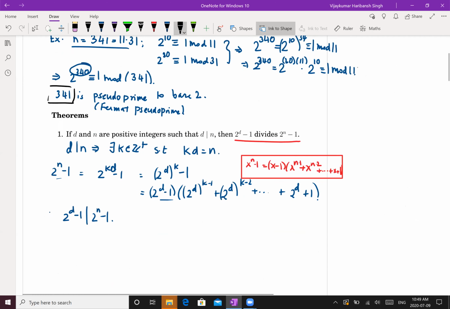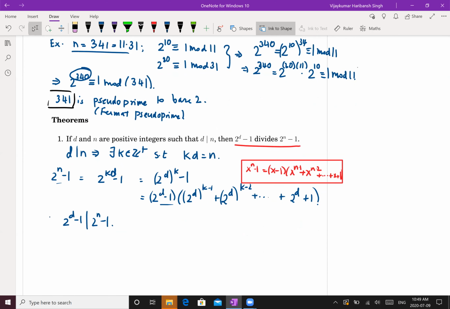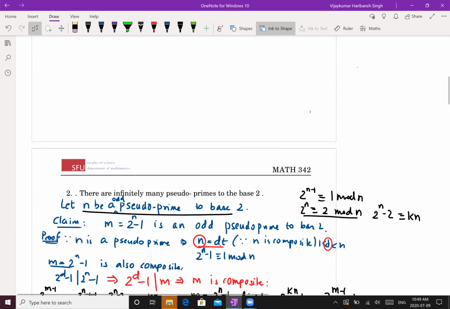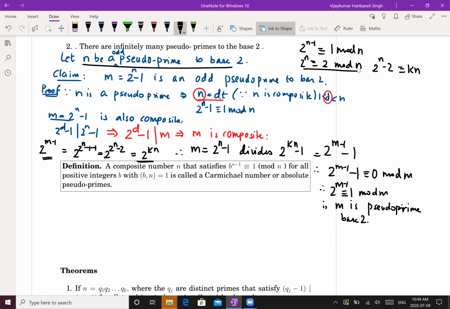For example, let's say we take 7 to the power 340 and check whether it's congruent to 1 mod 341. Yeah, so that can be checked in the following way.